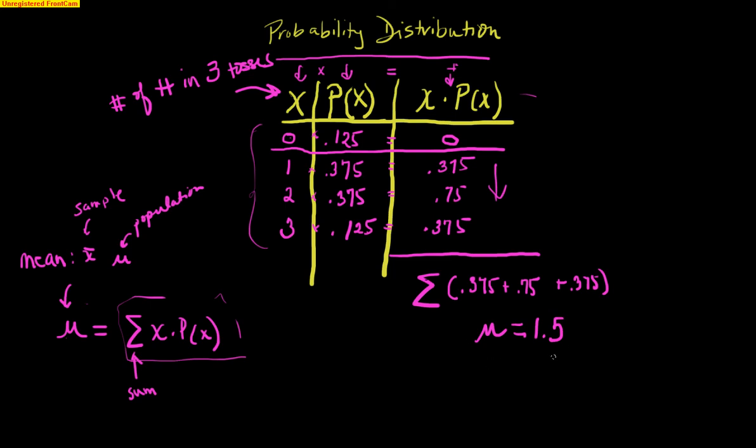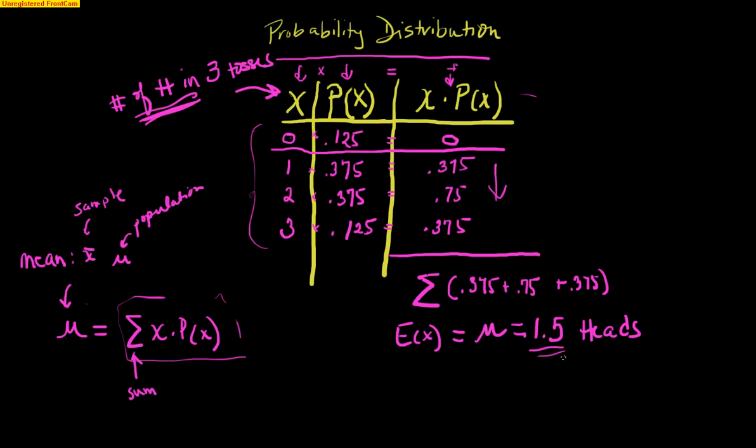This is the mean, or the average number of heads. We go back to our success. This is heads. So that means the mean is also the expected value. If we were to toss 3 coins, the expected number of heads would be 1.5.